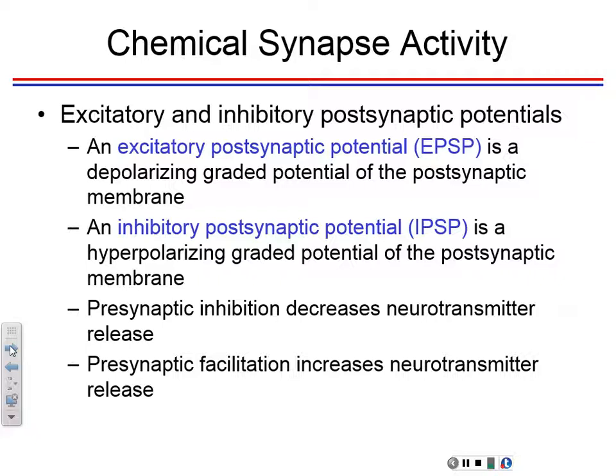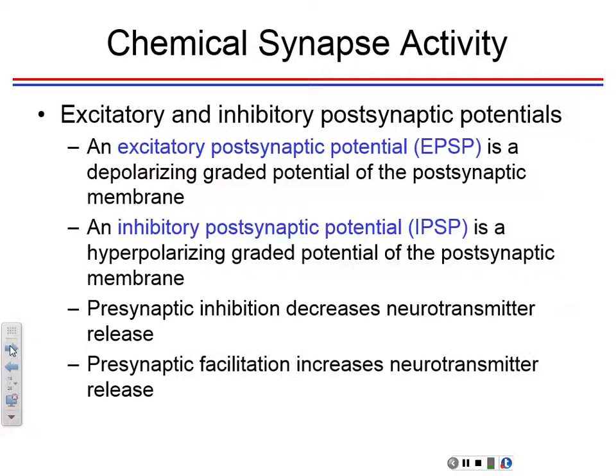All right, so now we come to the two events that can happen. We've already sort of talked about it because we know the ions and the effect they cause, whether it be depolarization with the sodium or hyperpolarization with the chloride and the potassium ions.